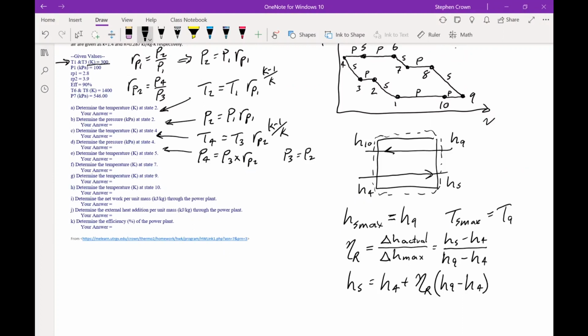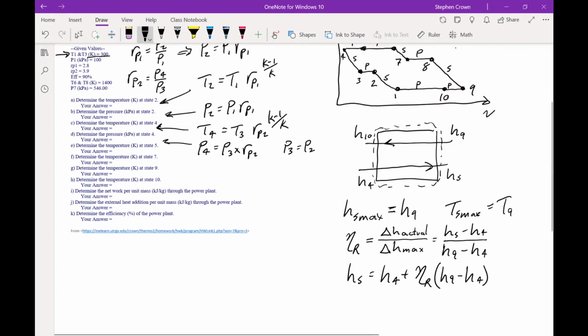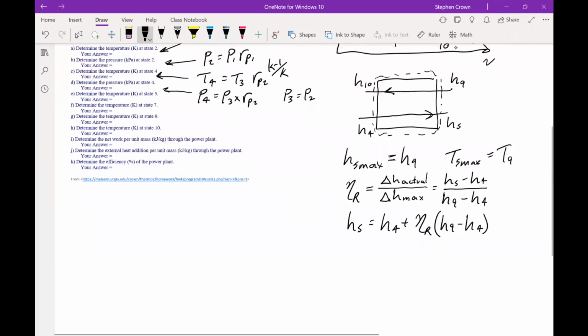Now, since this is a cold air standard problem, all these H's can be replaced with CpT, and the Cp is the same. It's not dependent on temperature, so we can divide the whole equation by Cp. This is for cold air standard only; the other expression is good for the air standard problem.